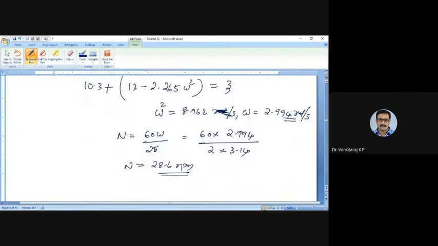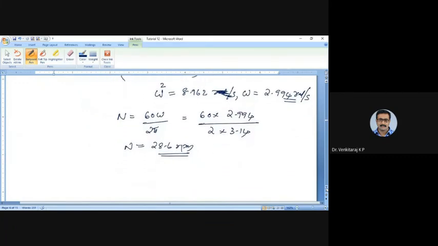That means when the speed is more than 33 rpm, separation will occur in the suction pipe, whereas in the delivery pipe separation starts when the speed is greater than 28.6. So by considering both, the maximum speed n max will be the minimum of these two values.